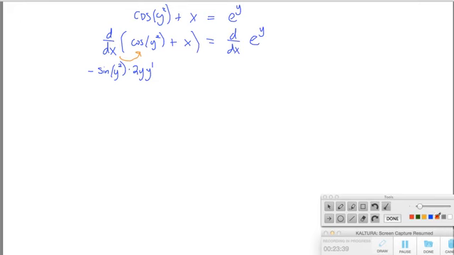Now the derivative of x, we don't have a y prime part because it's just x, so that is just 1. Now the derivative of e to the y is going to be, remember, e to the y gets left alone, and then you multiply by the derivative of y, which is y prime.